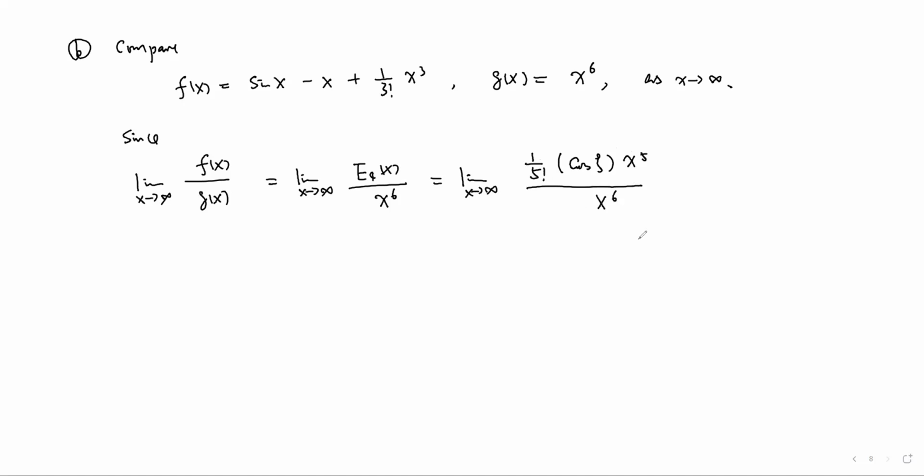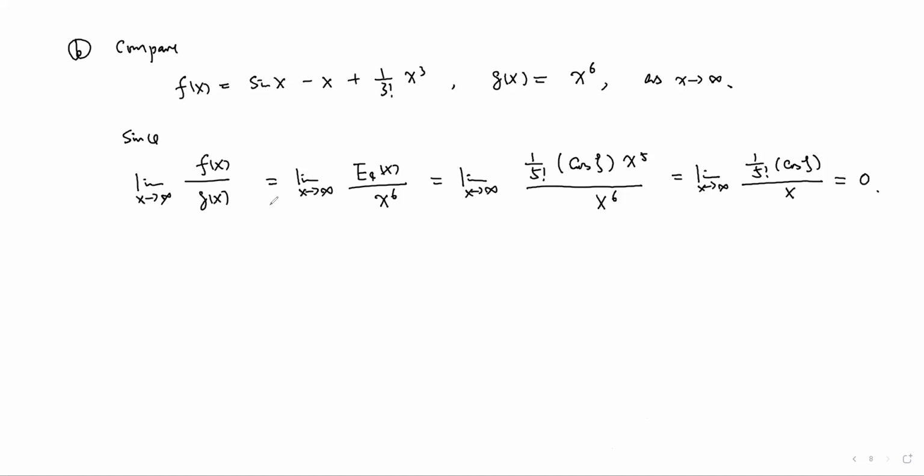Now cancel x to the 5th. We have 1 over 5 factorial, cosine of psi, over x. Cosine is a bounded function. Now x approaches infinity, so the limit is 0.